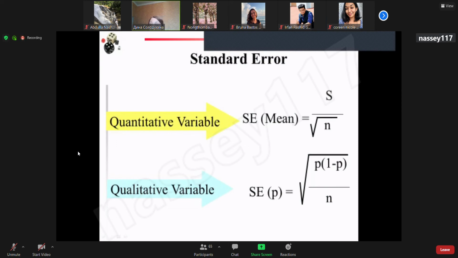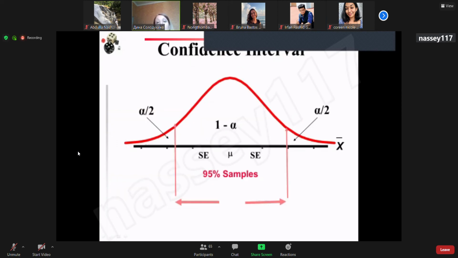So we estimate confidence interval, or the range of parameters within which 95% of samples lie, by this very simple picture. We put here alpha. Alpha is a parameter of your possible error, and you have the central parameter mu and standard error in both parts, to the right and to the left of the mu.